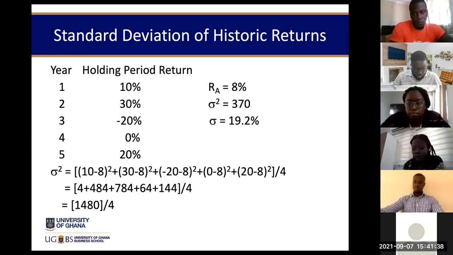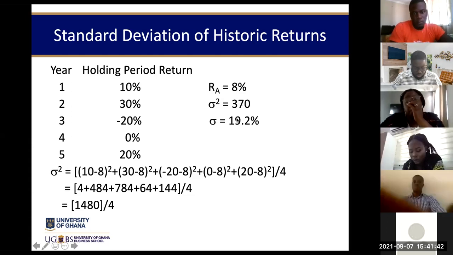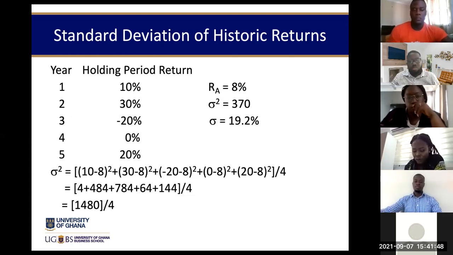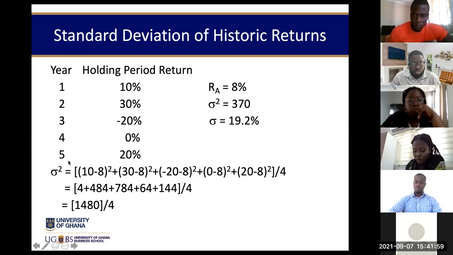But I don't want to be too technical. The answer of the variance is percentage squared. Why is it percentage squared? Because we squared it. You see, what did we do? We squared it.